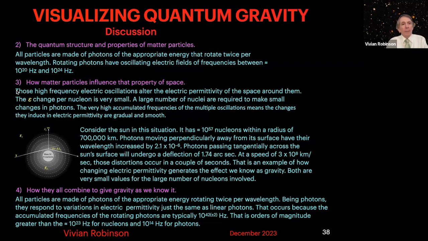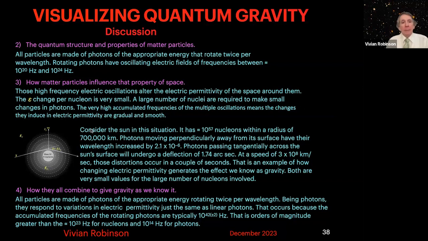Now, point 3, those high-frequency electric oscillations alter the electric permittivity of the space around them. The electric permittivity change per nucleon is very small. A large number of nuclei are required to make small changes in photons. The very high accumulated frequencies of the multiple oscillations means they induce electric permittivity changes in a gradual and smooth manner.